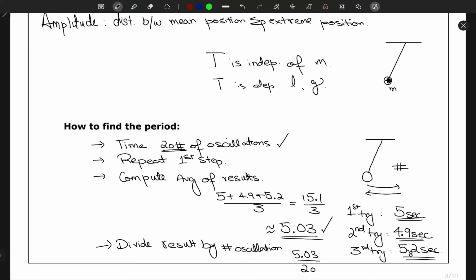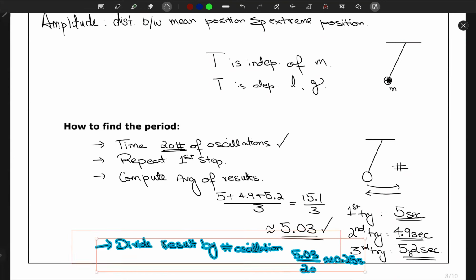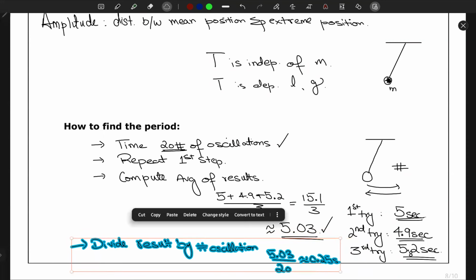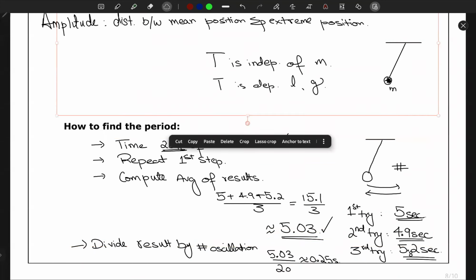So this means that one oscillation really happened in approximately 0.25 seconds. So this 0.25 seconds is the time period for your oscillation, right?